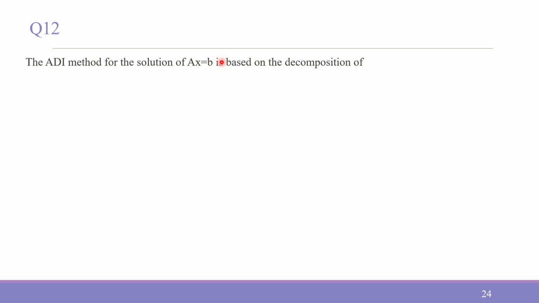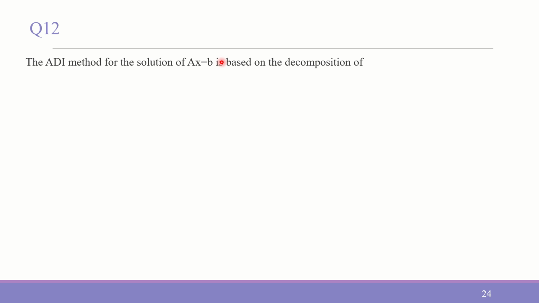In the first one, one matrix is solved explicitly and one implicitly. In the second, it is reversed: the one solved implicitly in the previous equation is solved explicitly, and the one solved explicitly previously is solved implicitly here. That is known as alternating direction. One time we use one direction implicit, the next time the other direction implicit. So it is the alternating direction implicit method.